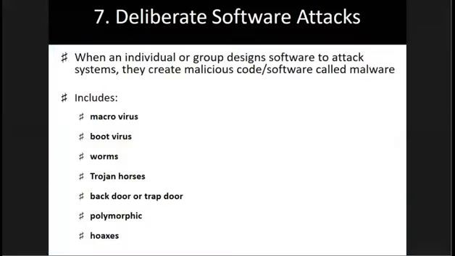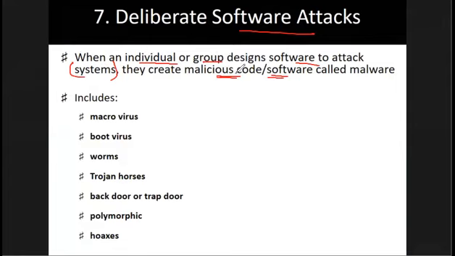Now we'll move to the seventh type of threat, it is deliberate software attacks. Within this, when an individual or group of persons design a software attack so that they can attack a system within a particular organization or some specific system, they are going to create a malicious code or malicious software.